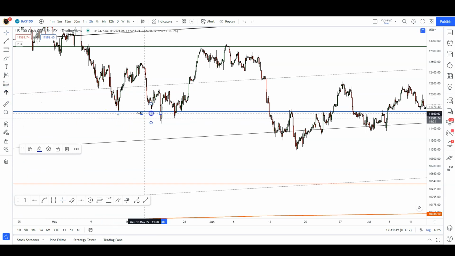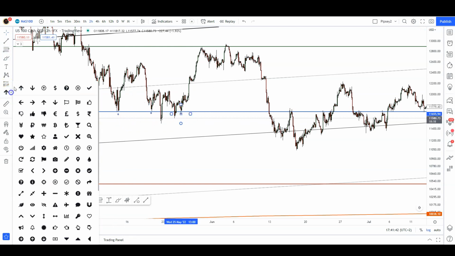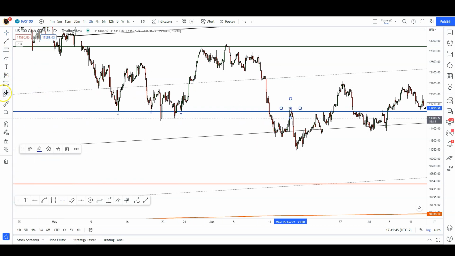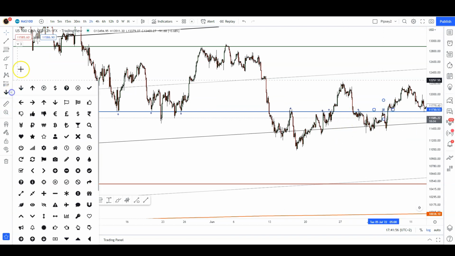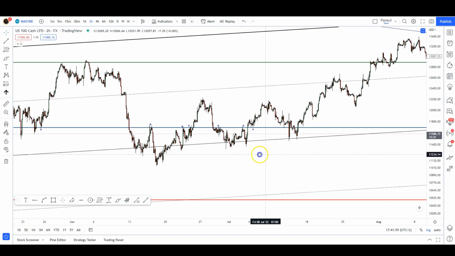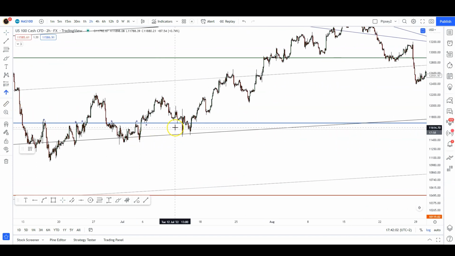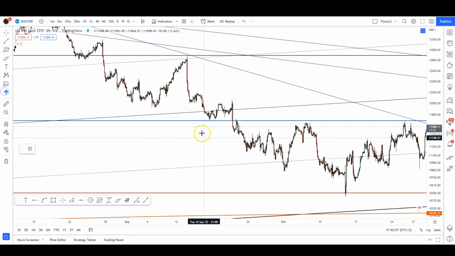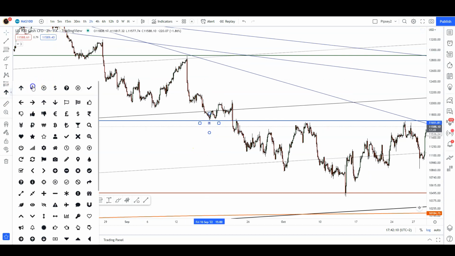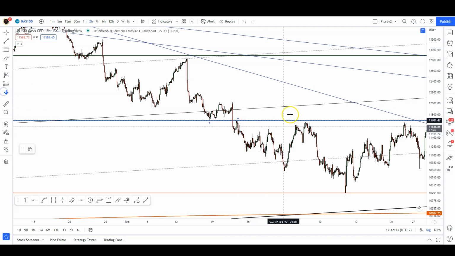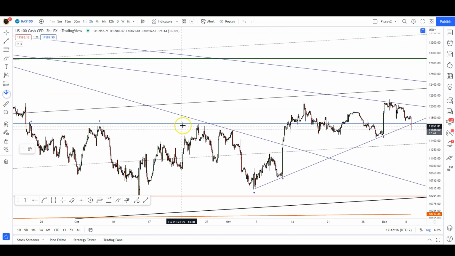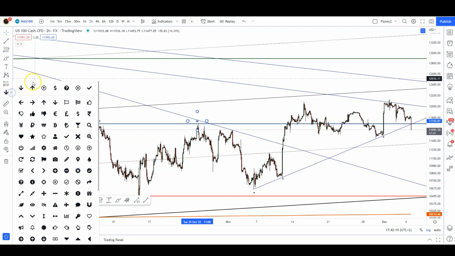Support, resistance, breaks above, resistance again, support, support, breaks below, support, resistance, resistance, breaks above resistance again.